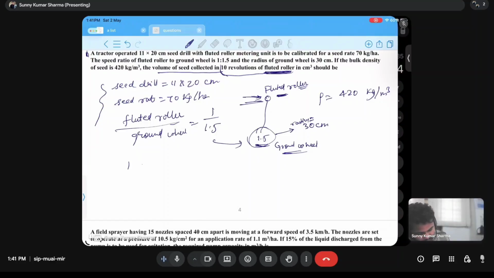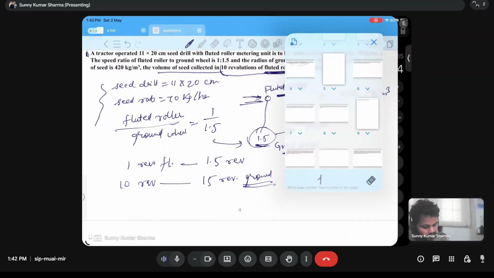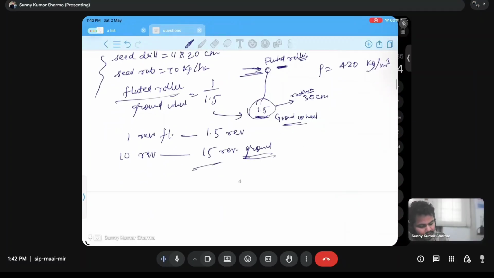In one revolution of fluted roller, ground wheel makes 1.5 revolution, so 10 revolution of fluted roller means 15 revolution of ground wheel. Now we will solve it for one revolution of ground wheel and multiply it by 15.